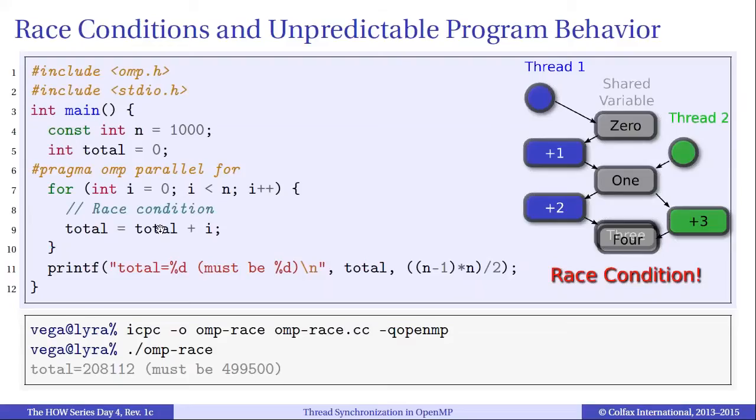Consider this example. I have an application that has a loop. The loop counts from 0 to 1000, and what it does inside of this loop is it sums all integers from 0 to 999. This is not a particularly meaningful application because I know the analytical result.